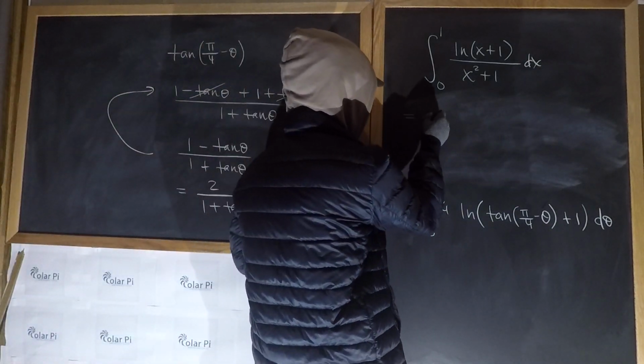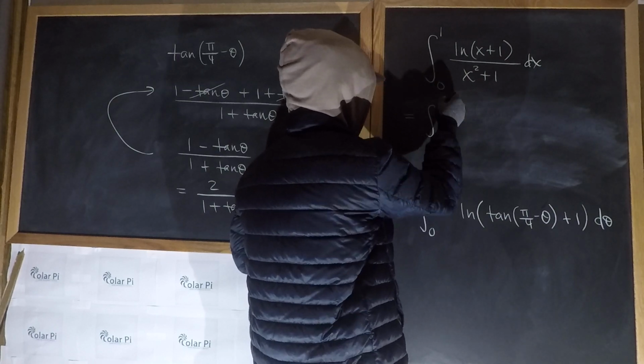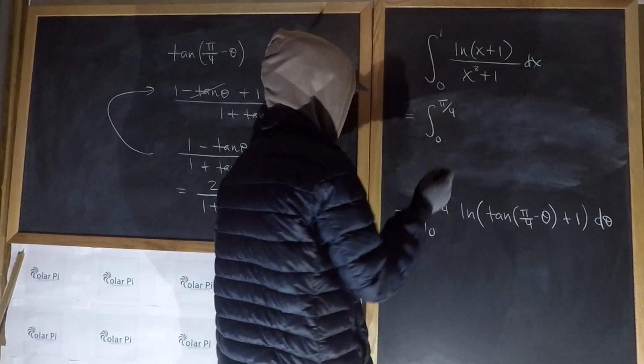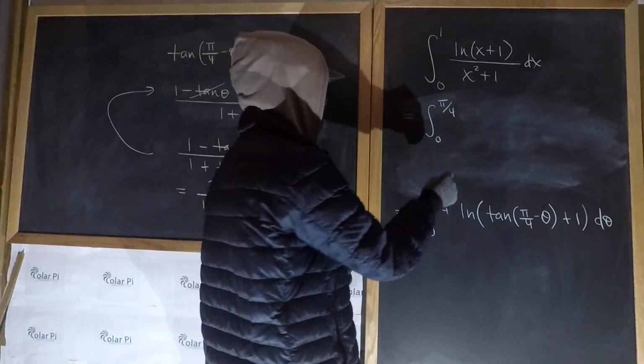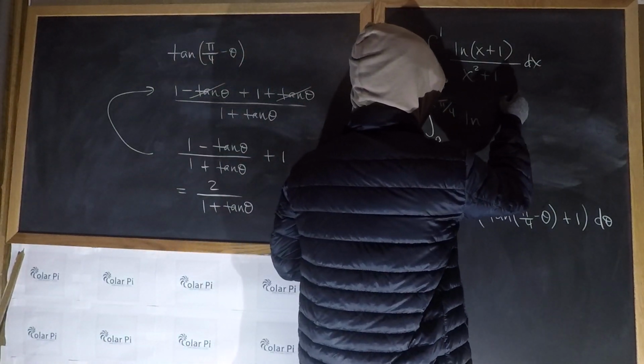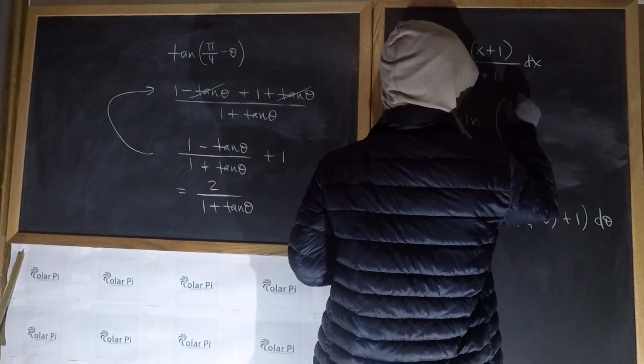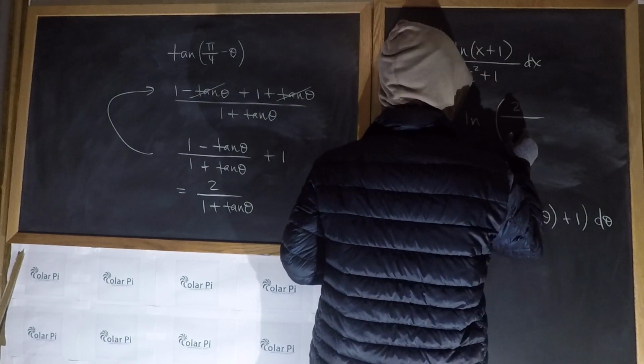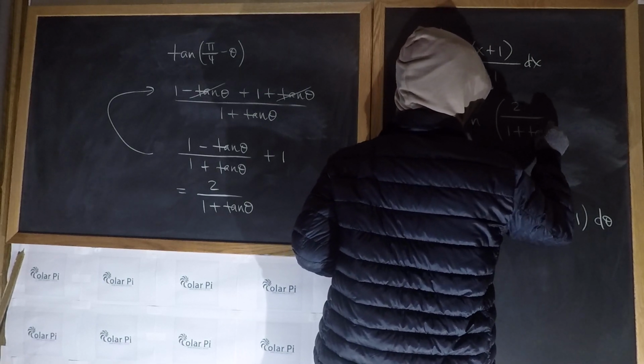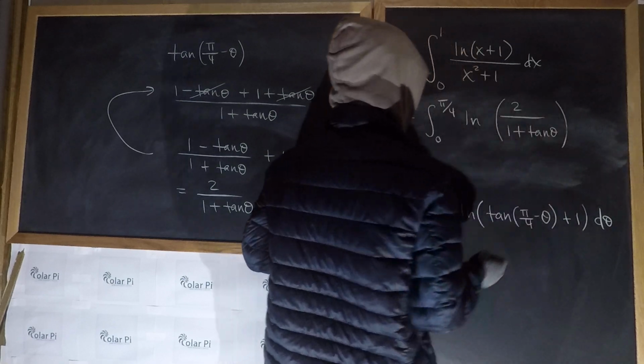Well, this is going to equal 0 to pi over 4, and then the natural log of what did it become? 2 divided by 1 plus tan theta, right?